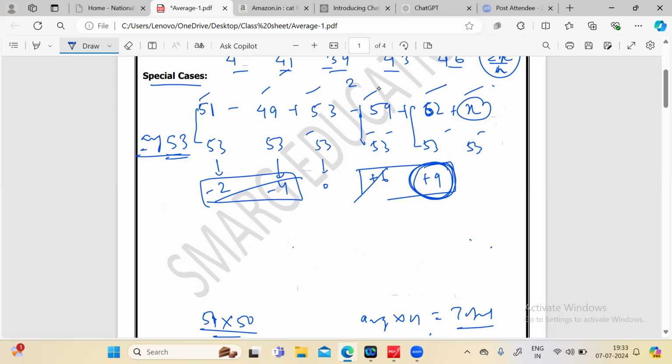And we have already considered all the numbers. The only number left is X. So X will get this 9. So X will be 9 less than 53 because it needs to have a deficiency of 9 in order to compensate this surplus of 9 from these 5 numbers. So X needs to be how much? 44.